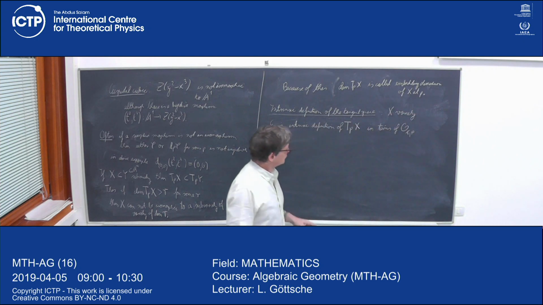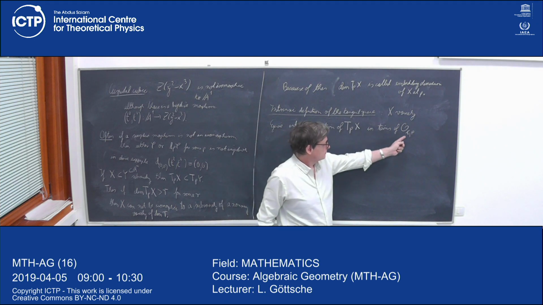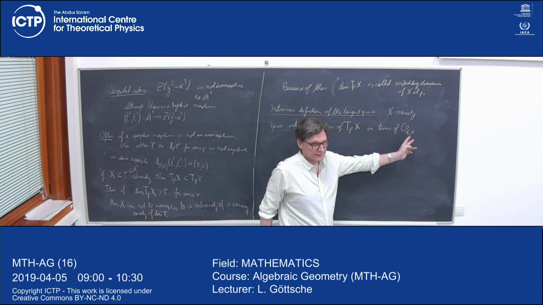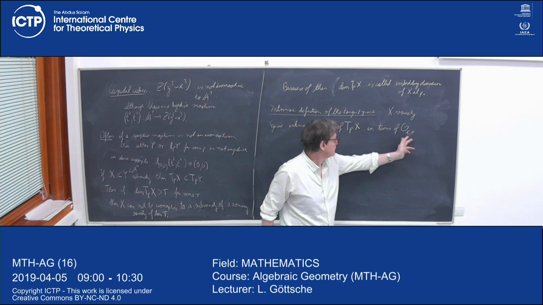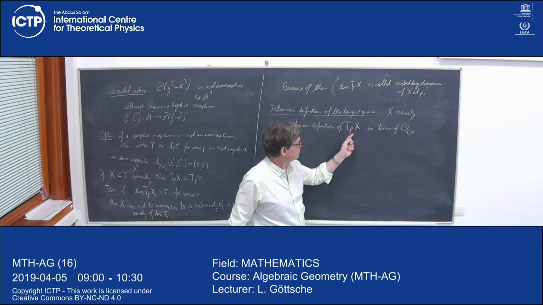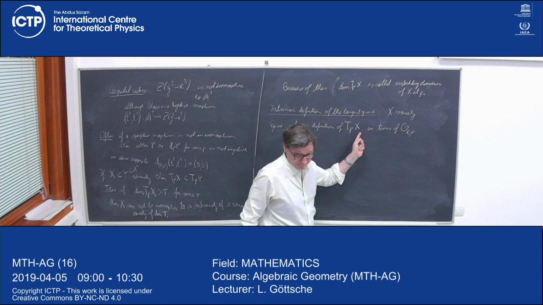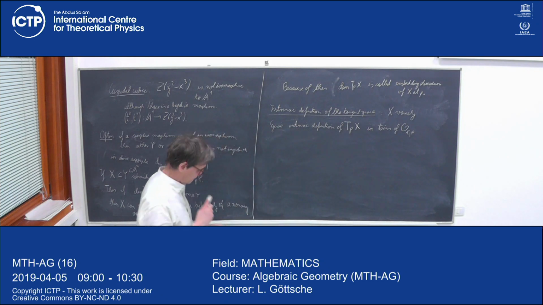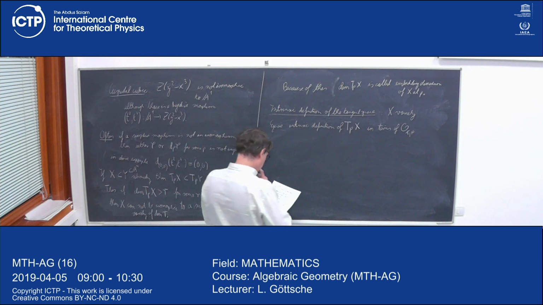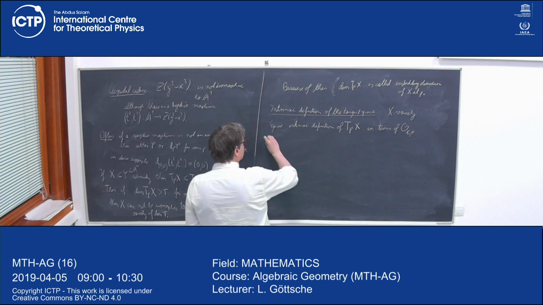As the local ring of X at P is the same for any open neighborhood of P, it means that the tangent space of X at P and for any open neighborhood of P in X is the same. So it's a bit more abstract.